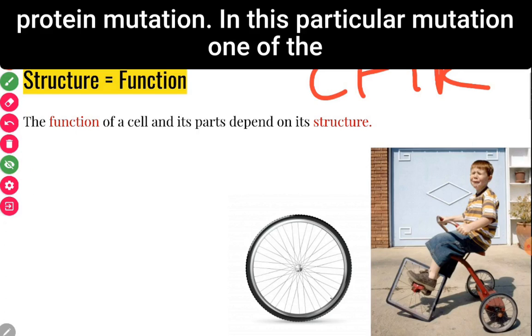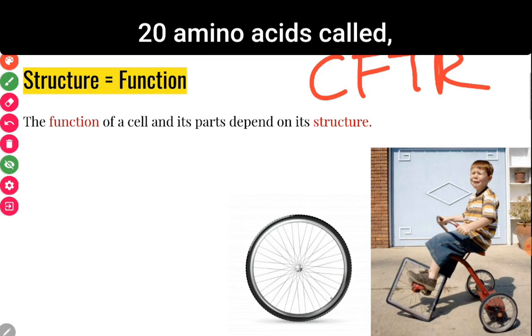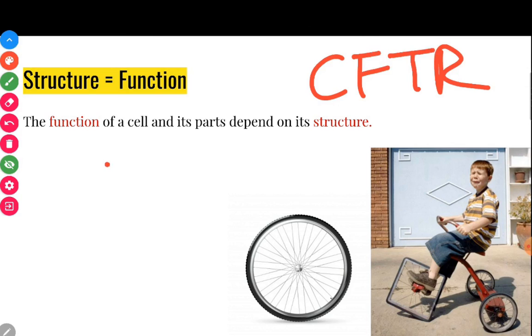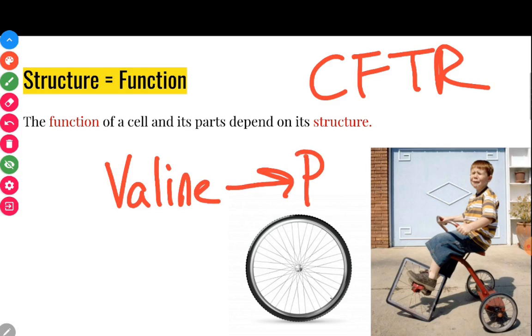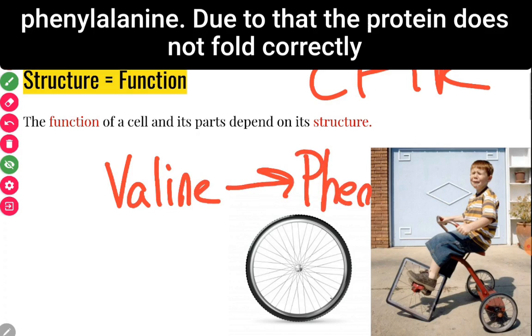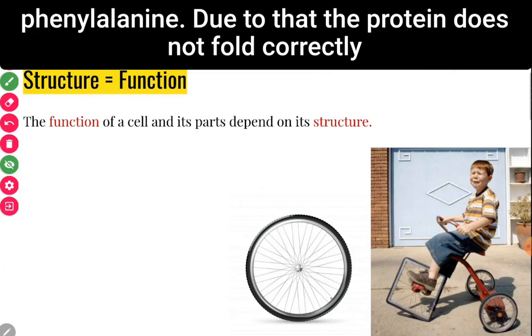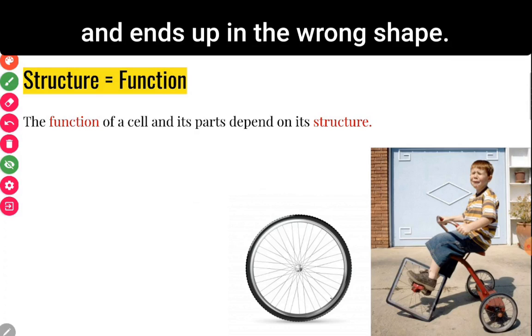And this particular mutation, one of the 20 amino acids, I believe it's valine, becomes phenylalanine. Due to that, the protein does not fold correctly and ends up in the wrong shape.